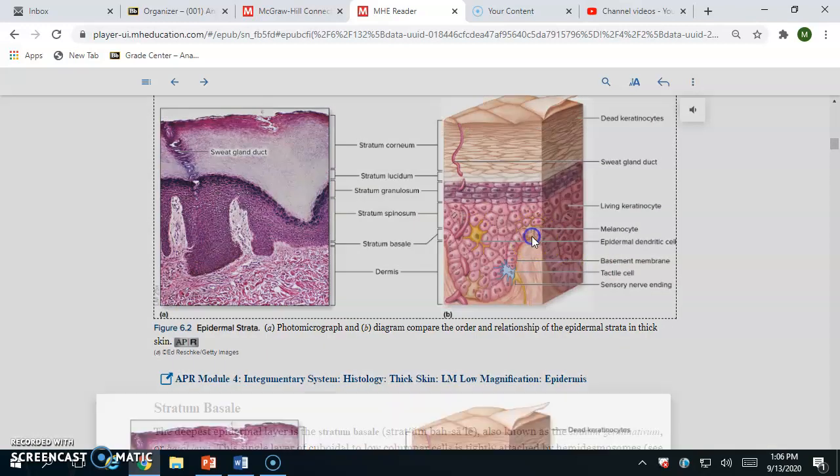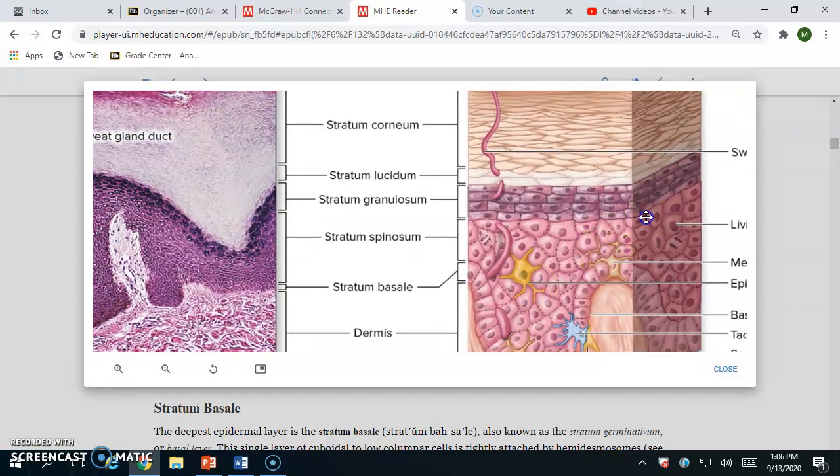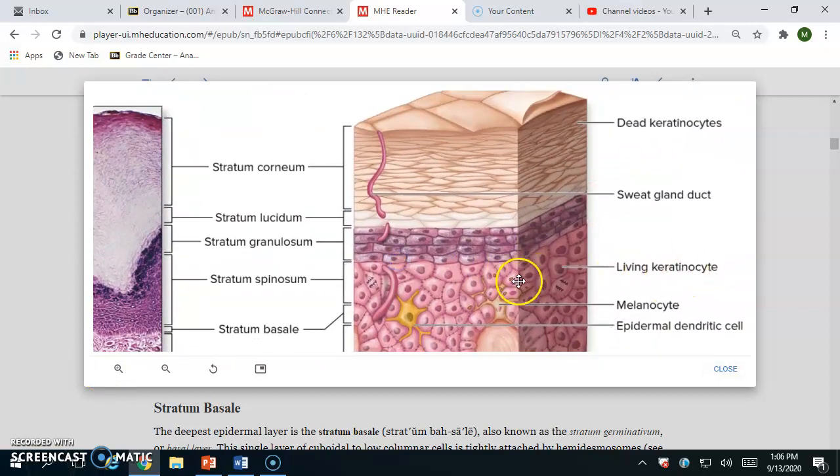So let's get our picture up here. Here's a living keratinocyte. They're pretty much living when they're in these layers. But by the time they get to the stratum corneum, they are all dead cells. They're considered dead, but they are tightly packed together, like you can see, holding on to each other with little tight junctions. And they're forming this very formidable barrier.